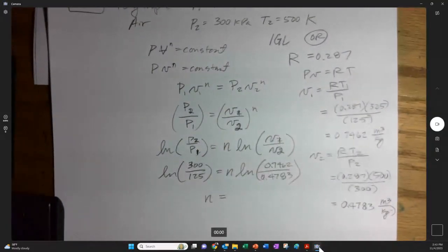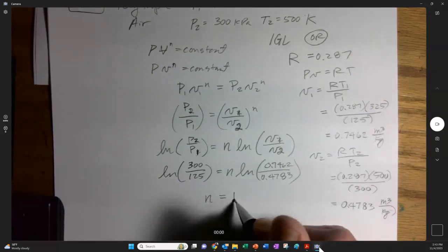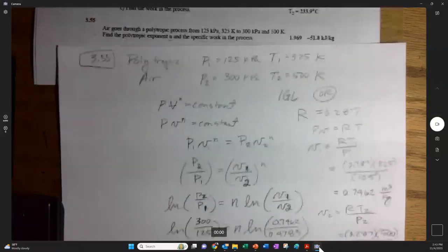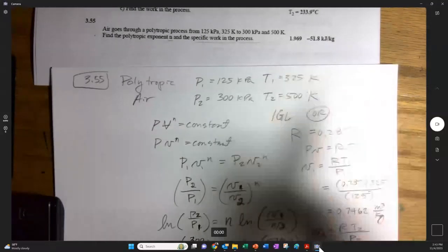Therefore, n: I could divide these, take the natural log of them, and then take 300 and 125 and take the natural log of that. I need to swap those around. Boom. And I get 1.9687, 1.969. That was the answer right there.